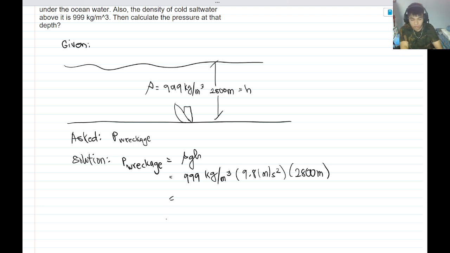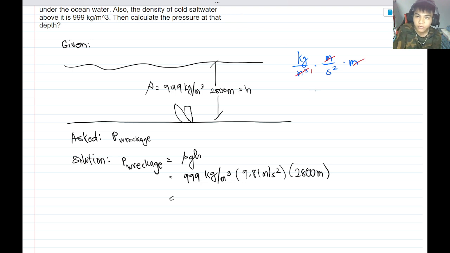So, yan nga, if you're wondering, review natin konti kung paano ito nagiging pascals. So, let's do some unit analysis right here. Kilograms per cubic meter times meters per second squared times meter. Di ba makakancel tong dalawang to, and this will be left with 1.